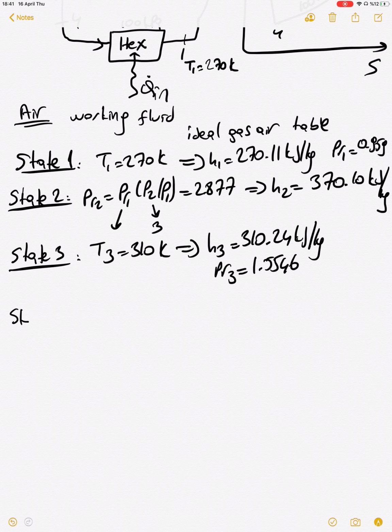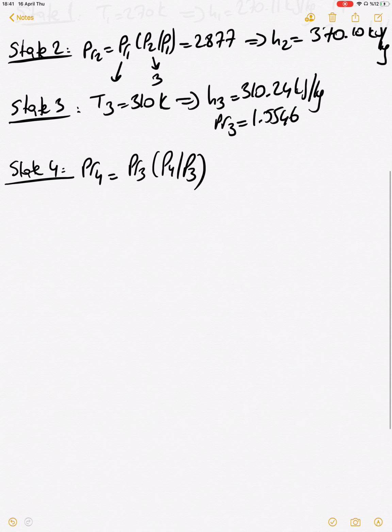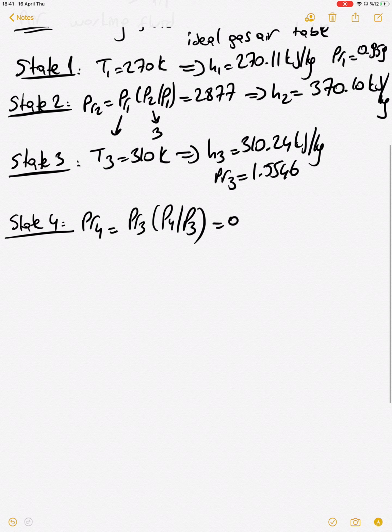For state 4, we know the ratio again, PR4 equals PR3 times P4 over P3. So this ratio is 0.5182, and h4 is then 226.25.